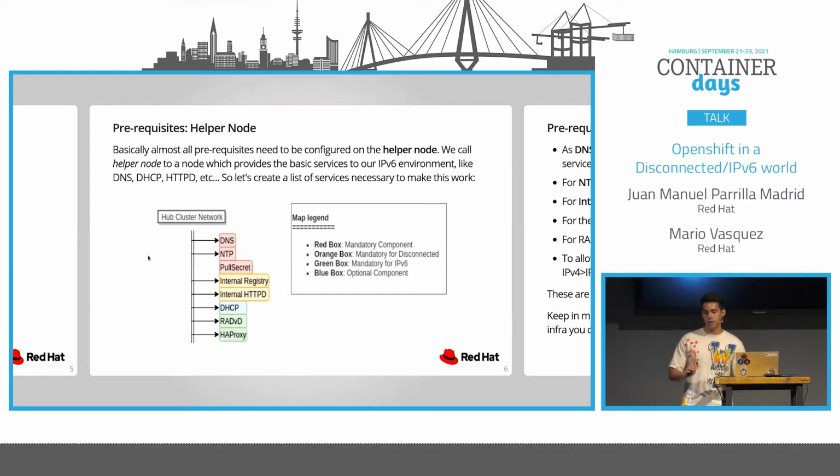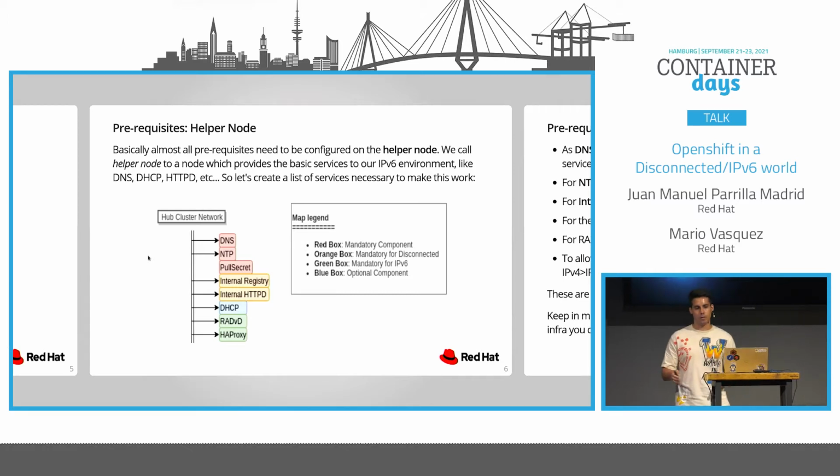The first group is the services that we need to run an Openshift deployment. Then the second group is the mandatory services required for a disconnected deployment. Then a third group, which is the services mandatory for an IPv6 deployment. And finally, we have some optional components.